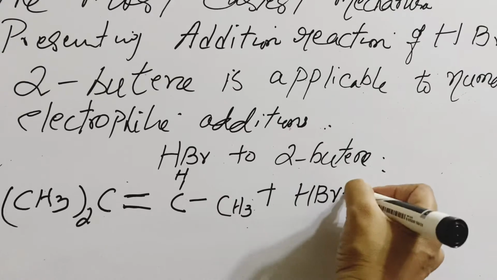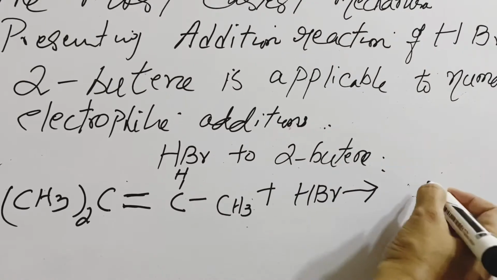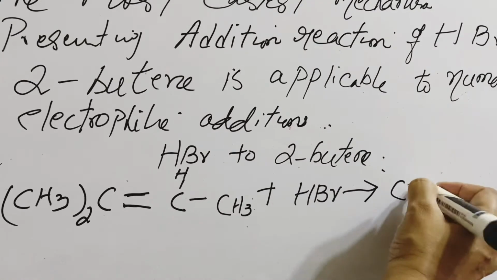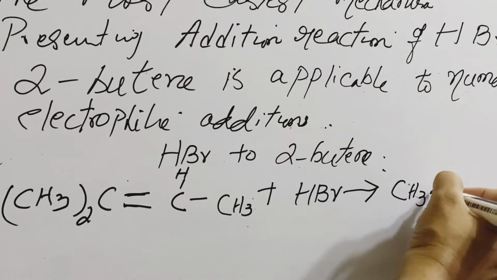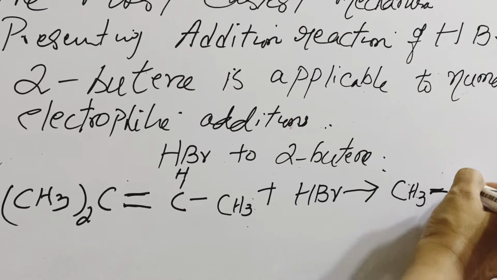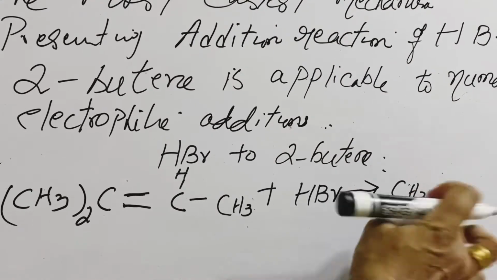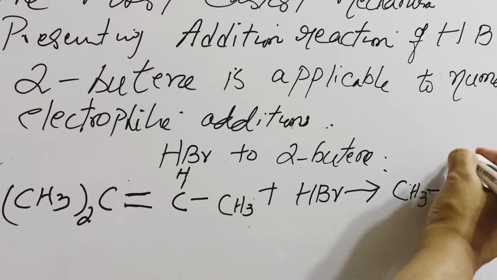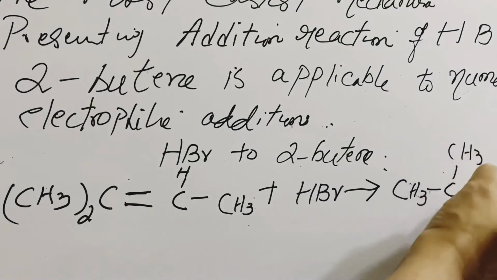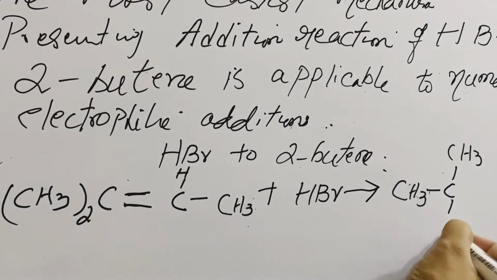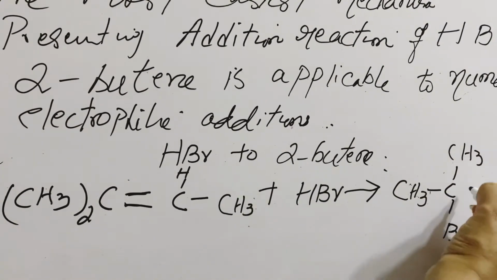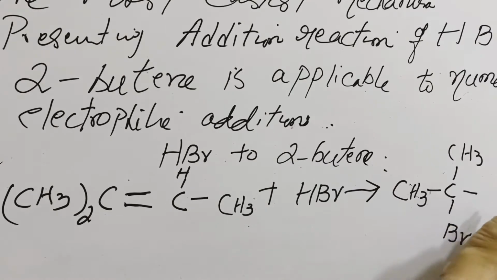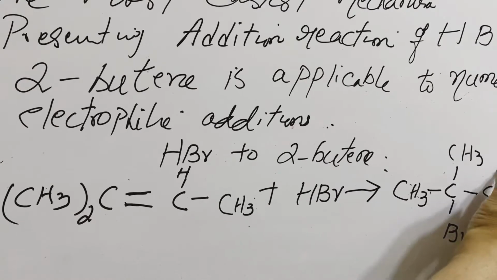What are you going to get? You're going to get, of course, CH3, C, then of course the CH3 will be here, then the bromine would be here, and then of course you'll get a C again.